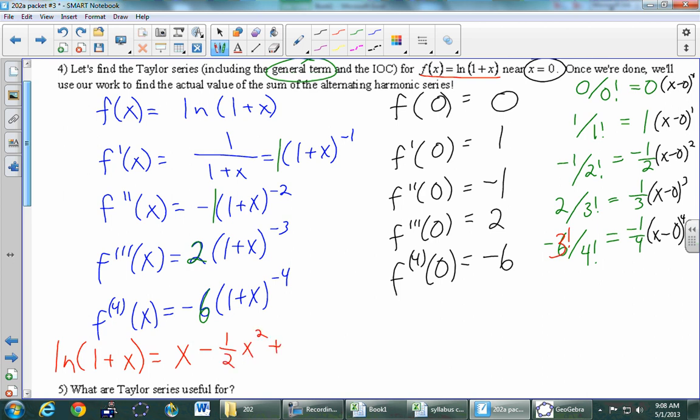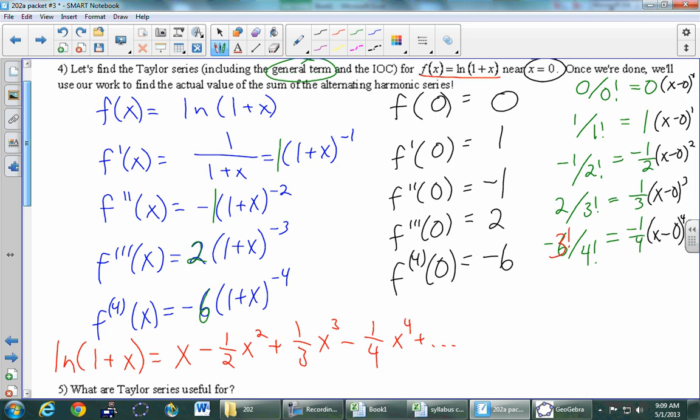Just 1/3 x to the 3rd. Next one. Okay, so that's just copying down everything we had with plus signs in between.